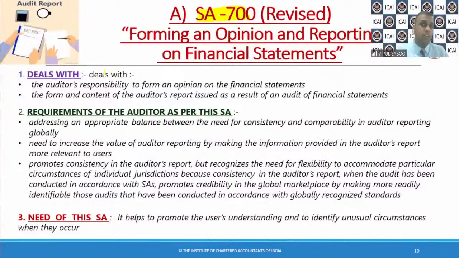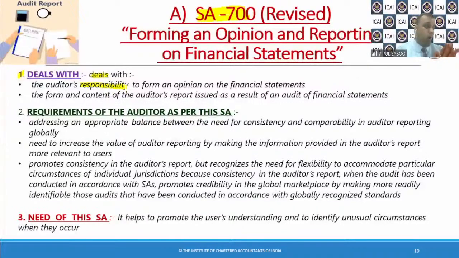So what does this SA tell us? It deals with the auditor's responsibility. SAs, Standards on Auditing, are meant to be followed by the auditors. Who carries out the auditing work? The auditor.